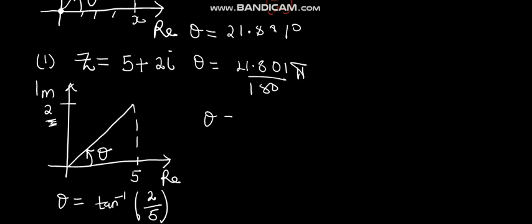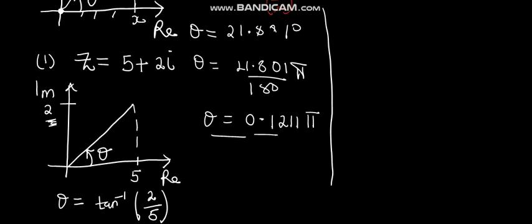So theta is equal to 0.1211 pi. And we should note that this complex number of ours lies in the first quadrant of the complex plane.